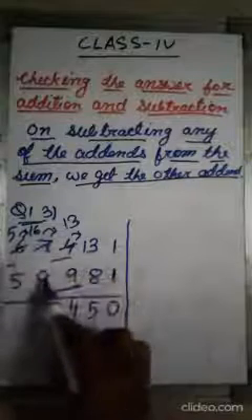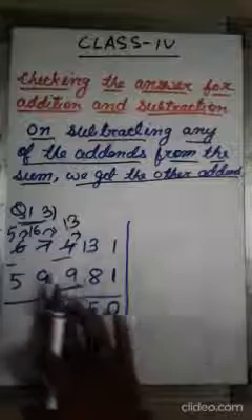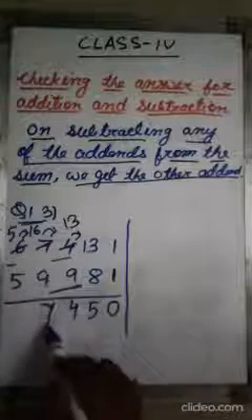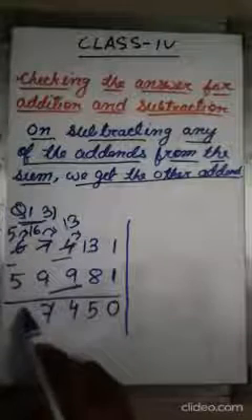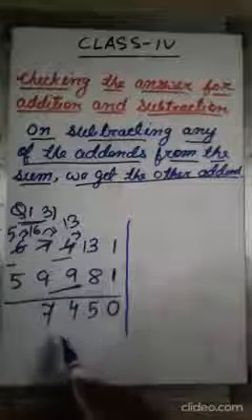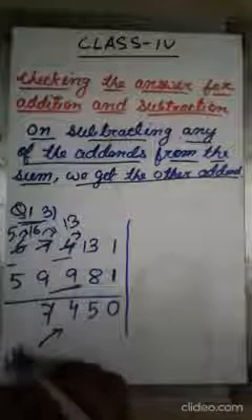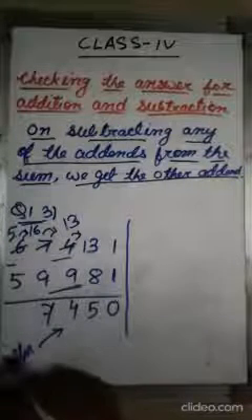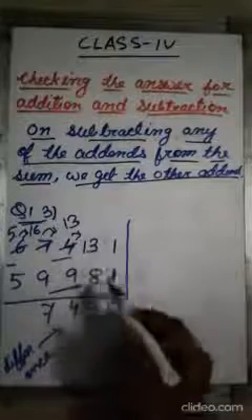So 16 minus 9 is 7. Now 5 minus 5 is 0, we do not need to write it. This is the difference of these two numbers.